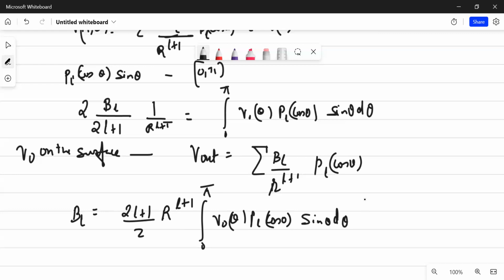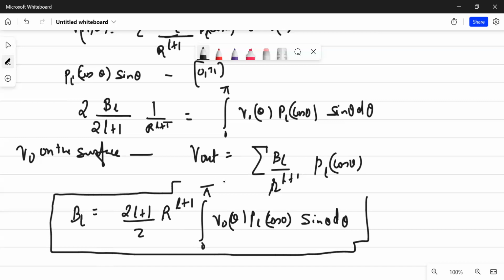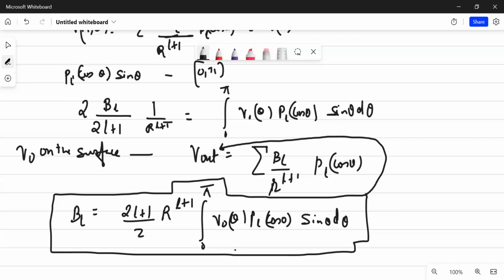So this is how you get your BLs. Once you know your BLs, you are able to identify the potential anywhere outside. And this V naught theta is the potential which is specified on the surface.